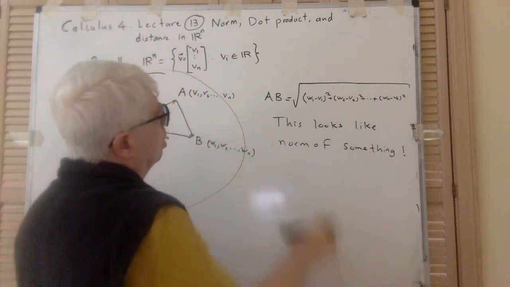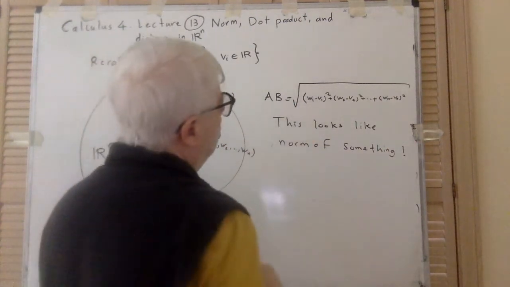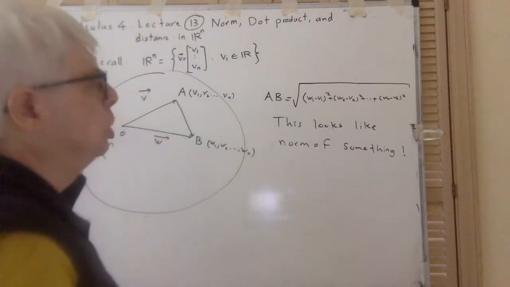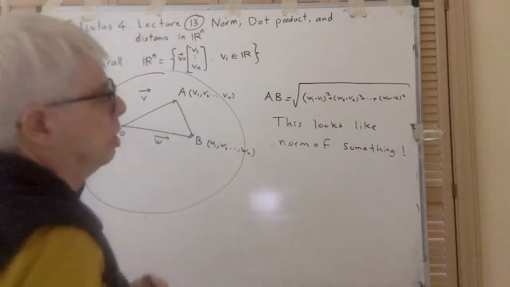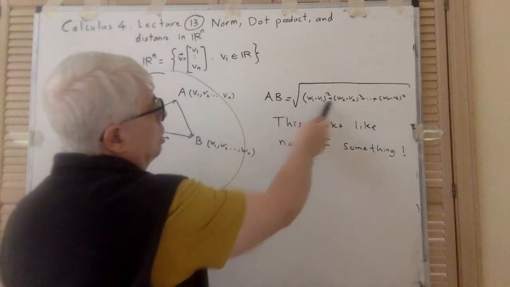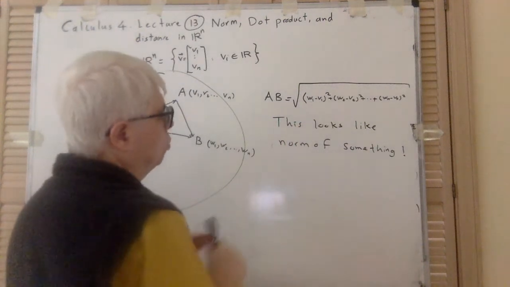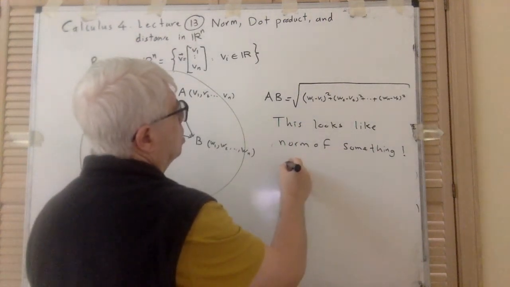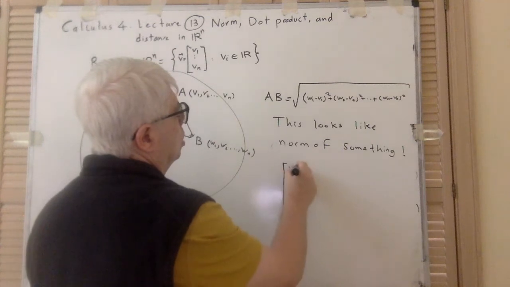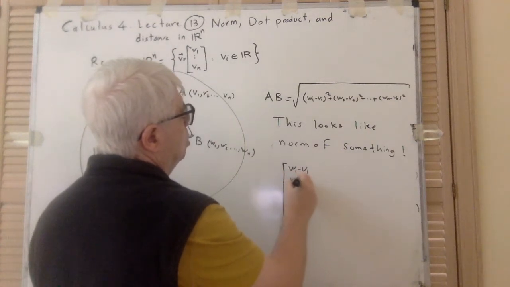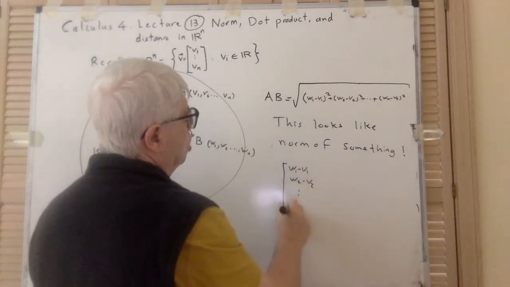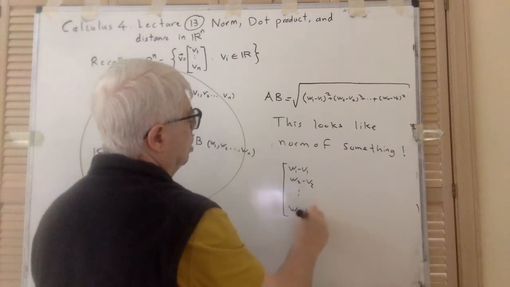Norm of what? Well, it has W1 minus V1, W2 minus V2, so it is a vector with these entries: W1 minus V1, W2 minus V2, Wn minus Vn.